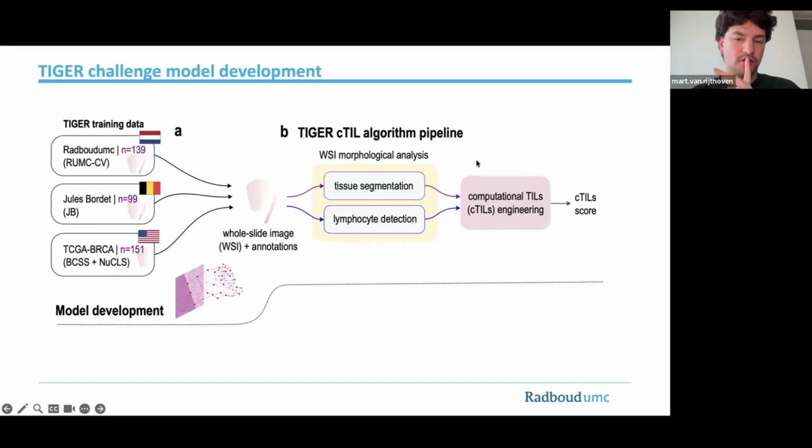However, it was also allowed to only submit a Docker to the survival track, so then you didn't have to do the tissue segmentation and lymphocyte detection, and also the other way around. You were also allowed to only submit to the computer vision track. And actually, we will see that 2 teams did that.